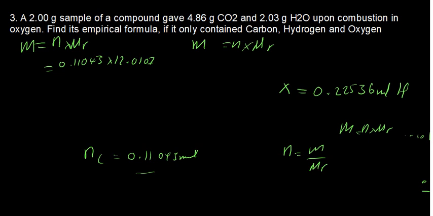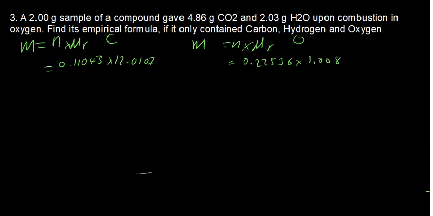Mass is number of moles times molar mass. So the number of moles of hydrogen we have found is 0.22536, times the molar mass of hydrogen. Sorry, we are talking of hydrogen here. That is 1.008. So we're going to multiply 0.22536 by 1.008, and our answer is going to give us 0.227165 grams.